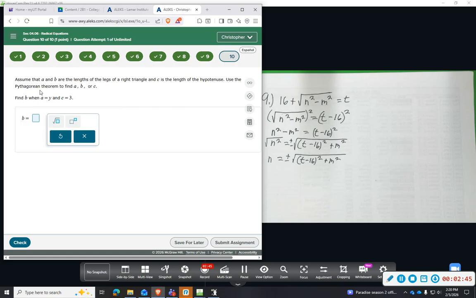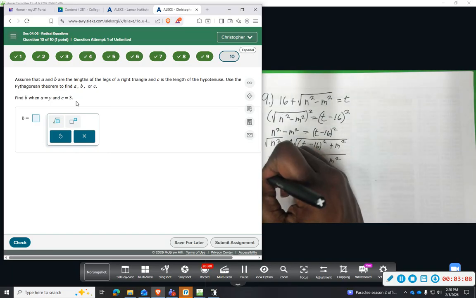And then number 10 says assume a and b are lengths of the legs of a right triangle, and c is the length of the hypotenuse. We're going to use the Pythagorean theorem to find a, b, or c. It says find b when a equals y and c equals 3.